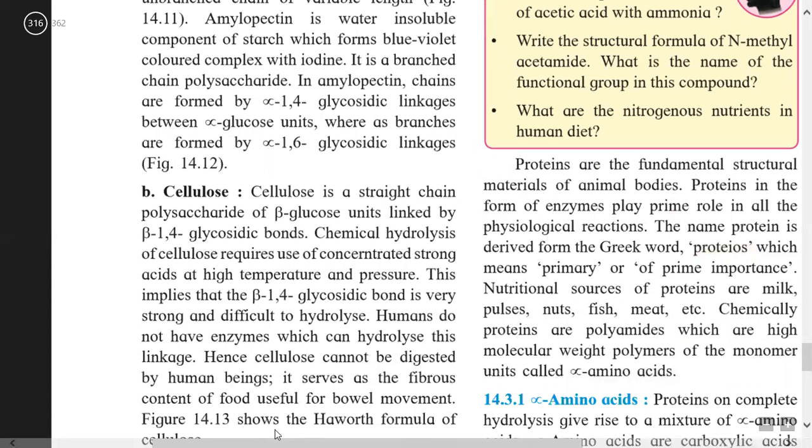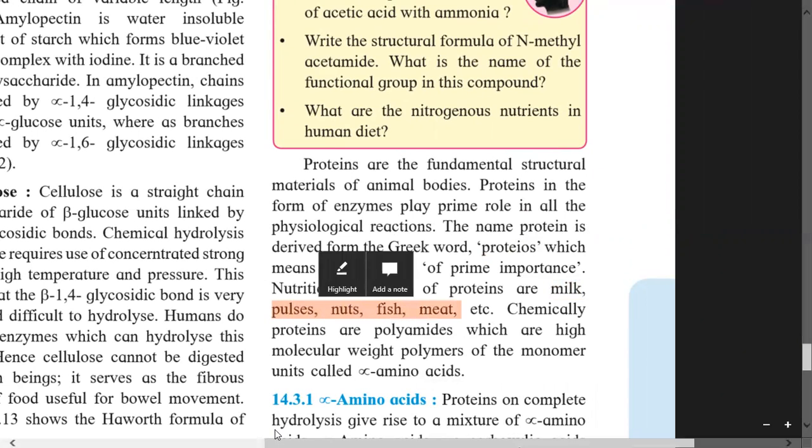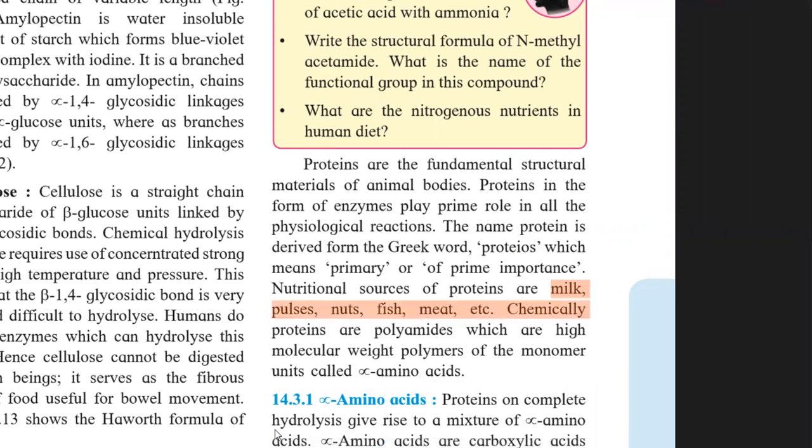The nutritional sources of protein are milk, pulses, nuts, fish, and meat, where we get protein naturally.